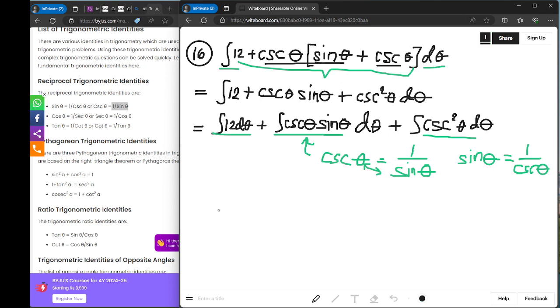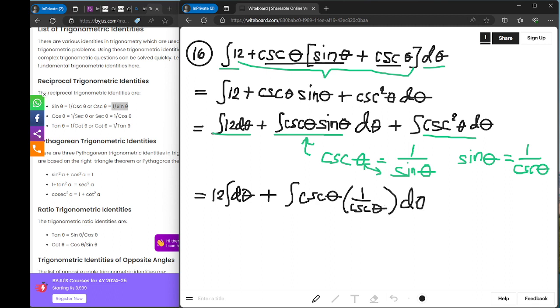If you substitute that, we'll rewrite this as 12 times the integral of d theta plus the integral of cosecant theta times 1 over cosecant theta d theta, then plus the integral of cosecant squared d theta.